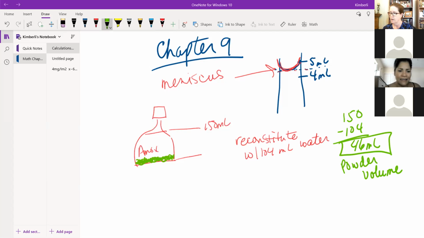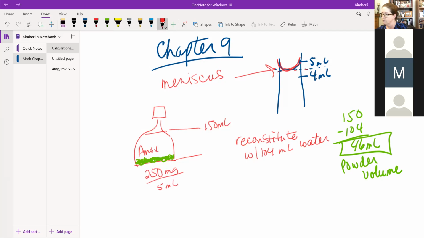So in order to make it whatever the drug company says it is, let's say it's 250 milligrams in 5 mLs, and we add the 104 milliliters of water, we're going to end up with 150. If we were to add more water than that, then 5 mLs is going to contain less than that because it'll be weaker. Okay.